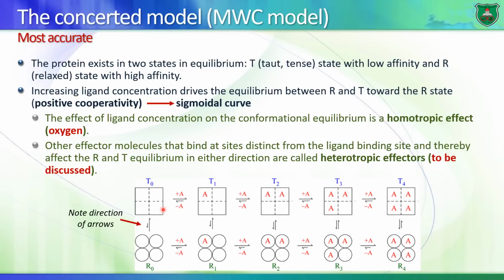So that explains the positive cooperativity in terms of oxygen binding to hemoglobin. Now there are other effector molecules that can bind at other sites, and they can also shift the equilibrium, and we'll talk about these effectors in the next lecture.